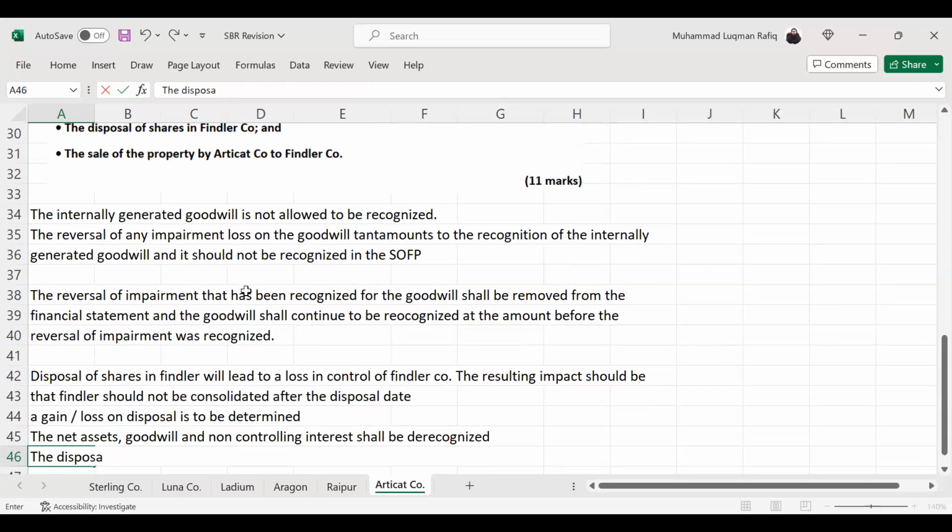The disposal proceeds and the existing. No, the reversal of impairment of goodwill is not permitted.